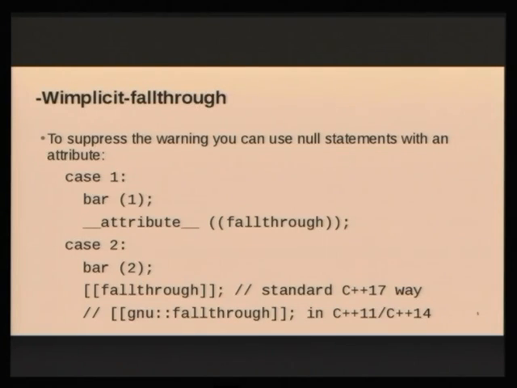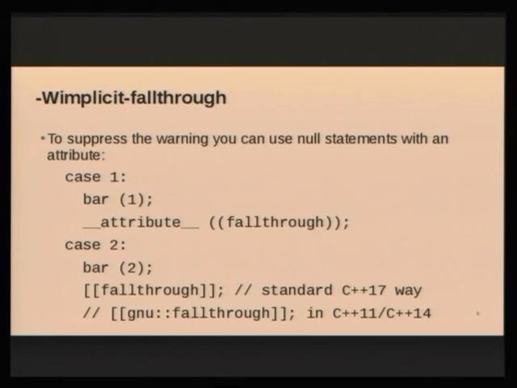In C++11, you can use the double square bracket attribute syntax, which is standard C++11. And standard C++17 says that the fallthrough attribute in square brackets is actually standardized. So if you can, please use that.